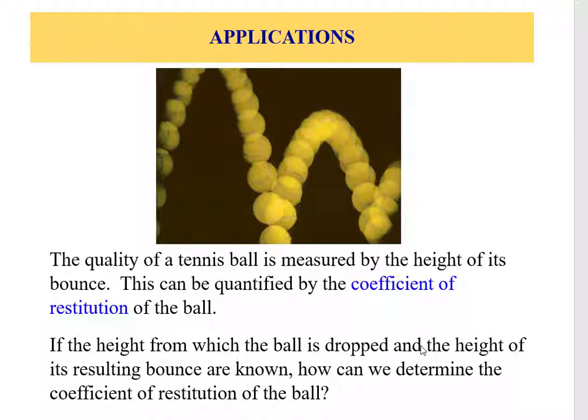So if a tennis ball is let go from a certain height, say 1 meter, and bounces back to 1 meter, this means that the tennis ball is perfectly bouncing, which definitely doesn't always exist. So we expect the ball to bounce at a height less than the previous one, simply because of the losses. So that measurement can be obtained using this coefficient of restitution, which will show you how to calculate.